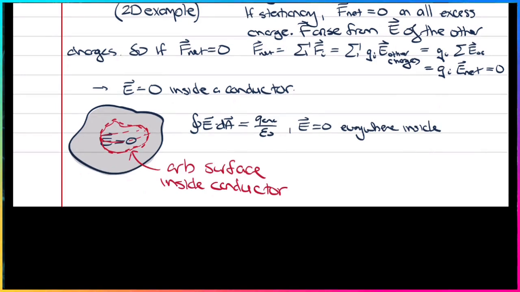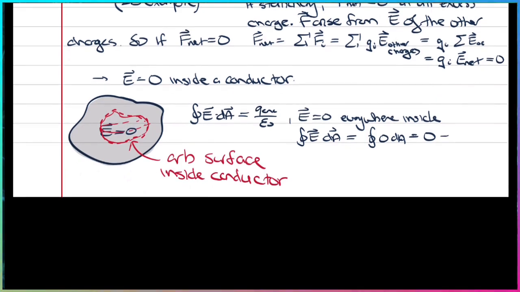So then this integral is just the integral over 0, which is itself just 0. So there is no net flux through this surface. That's equal to Q enclosed over epsilon naught. So that means that Q enclosed must be 0.